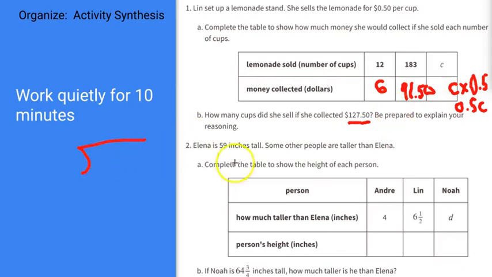We're going to have to take, because it would really be C times 50 cents equals $127.50. So I need to divide by 50 cents to find out how many cups that is. Now I'm going to multiply out to make a whole number, which means I need to move this decimal here.